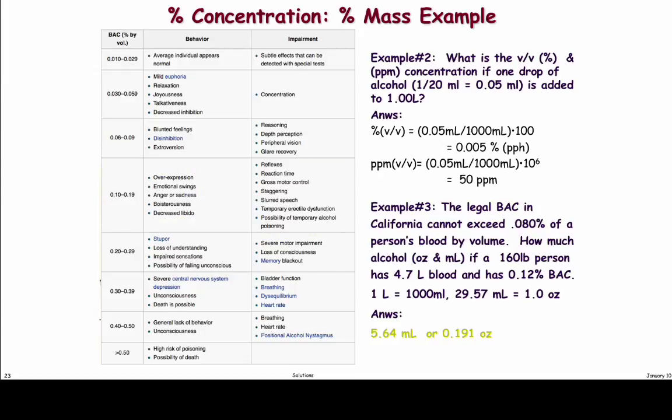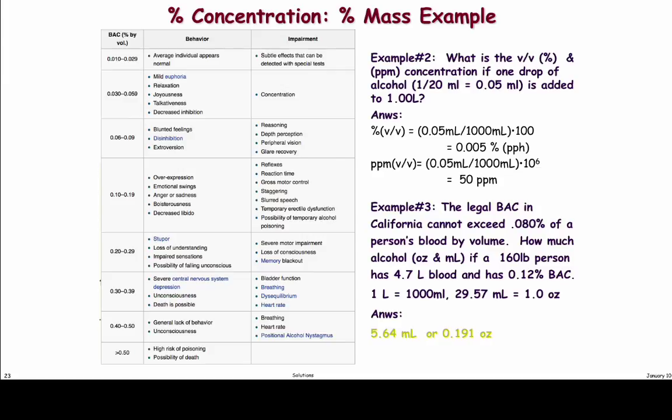Now, why is this important? Because if you have 0.01 to 0.029 alcohol in your body, BAC, then generally the average individual appears normal. There are subtle effects, but generally they're normal.